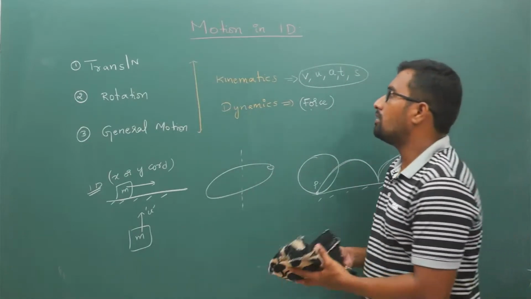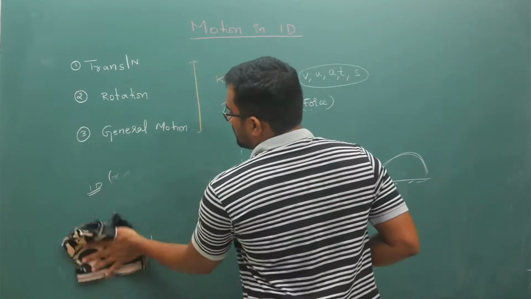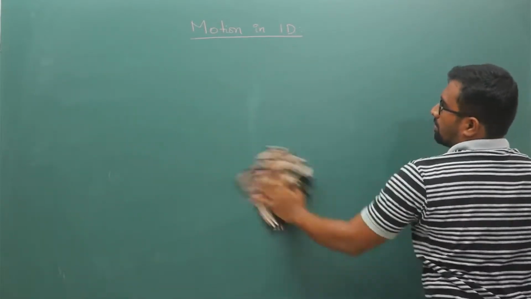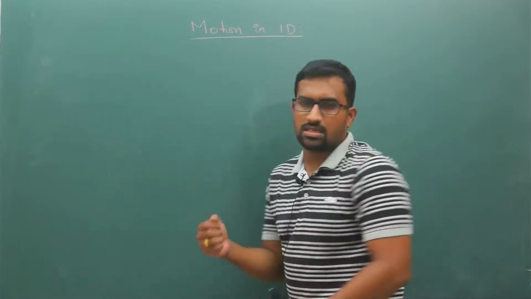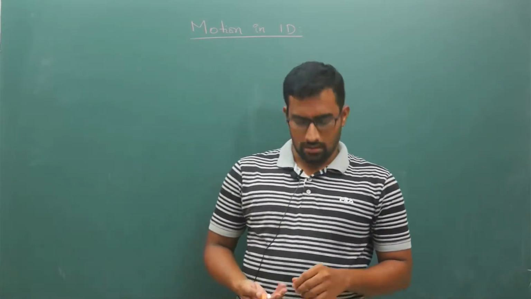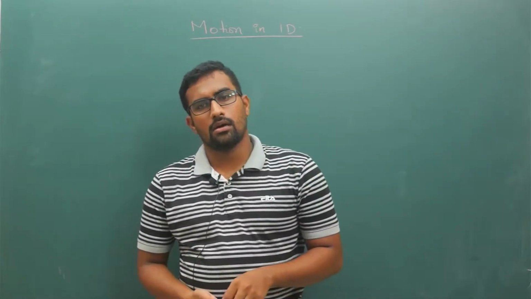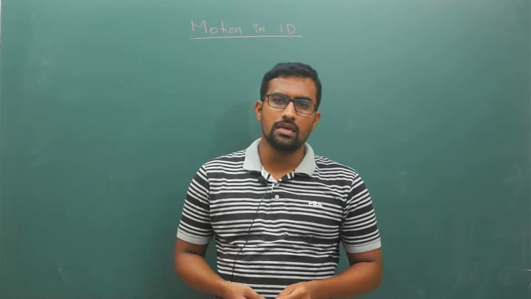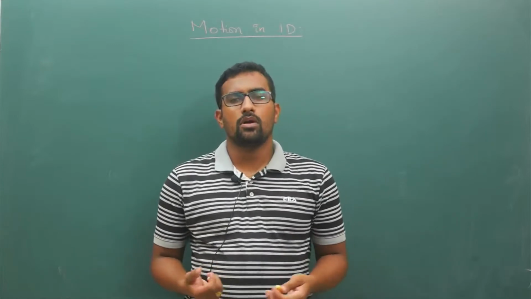Okay, so now in today's class we'll just see the basic stuff. So what is the basic stuff, I will tell you. So now if you are taking an object in motion, there are different terms that you actually define for the body that is moving.